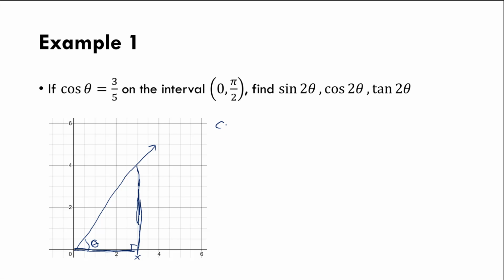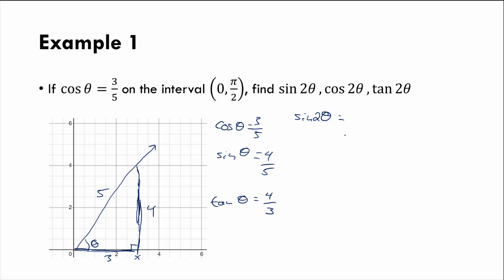Let's write down what we know: cosine of theta is 3 over 5, sine of theta is 4 over 5, and tangent of theta is 4 over 3.